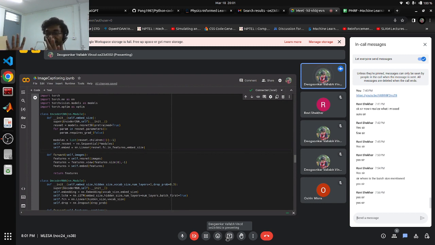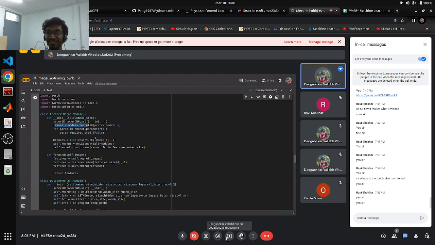That is what an encoder decoder architecture is all about. Very simply, here we have a CNN architecture as our encoder, and I'm using the ResNet model. This is described in the week 6 content. I'm using pre-trained weights from that model.